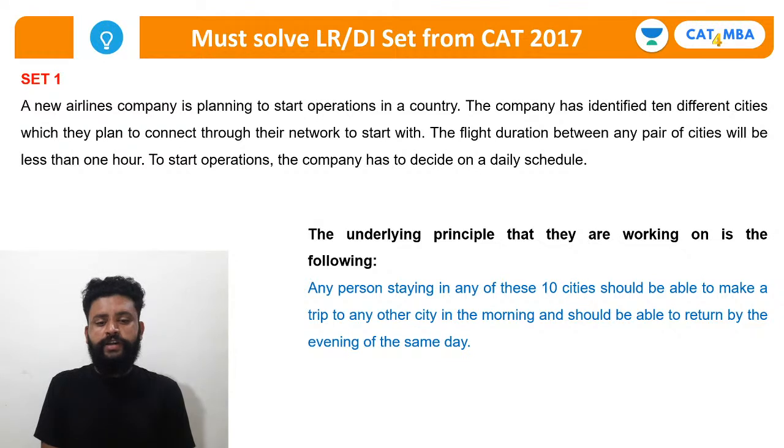Then to start operation, the company has to decide on a daily schedule. Okay, then the underlying principle that they are working on is the following. So here is given: any person staying at any of these 10 cities should be able to make a trip to any other city in the morning and should be able to return by the evening of the same day. That's the principle they are following.